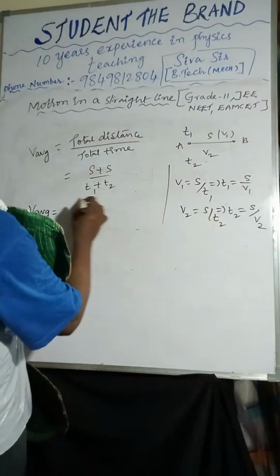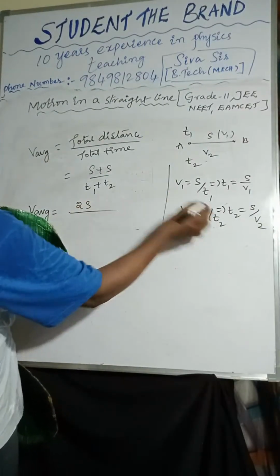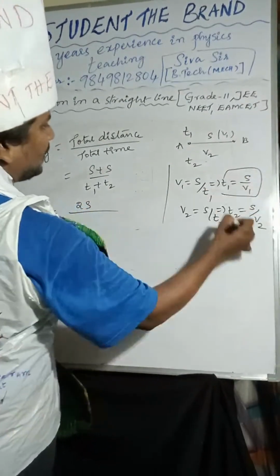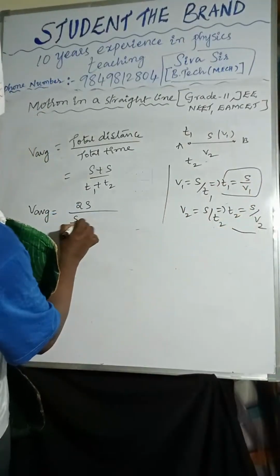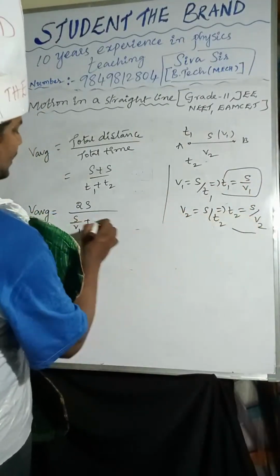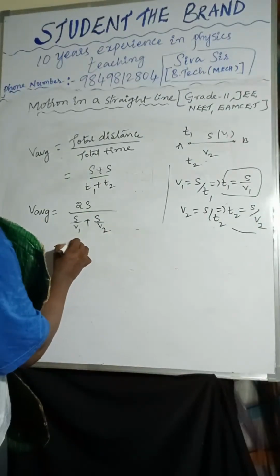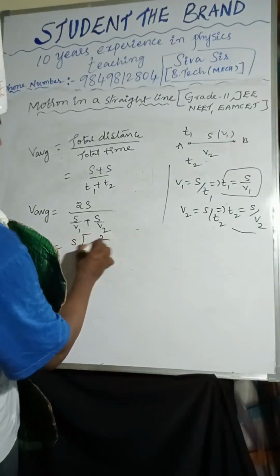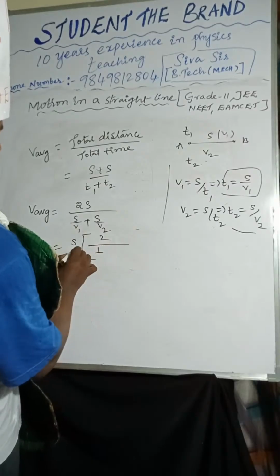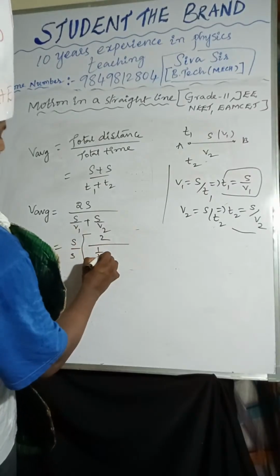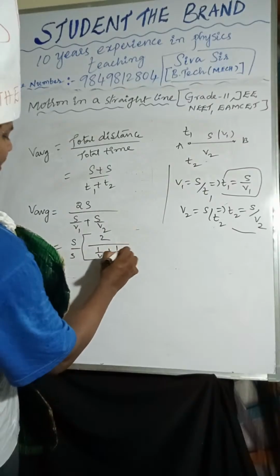Average speed equals 2S by T1 plus T2. T1 equals S by V1, T2 equals S by V2. Now we can take S common here. So 2S by S times 1 by V1 plus 1 by V2.